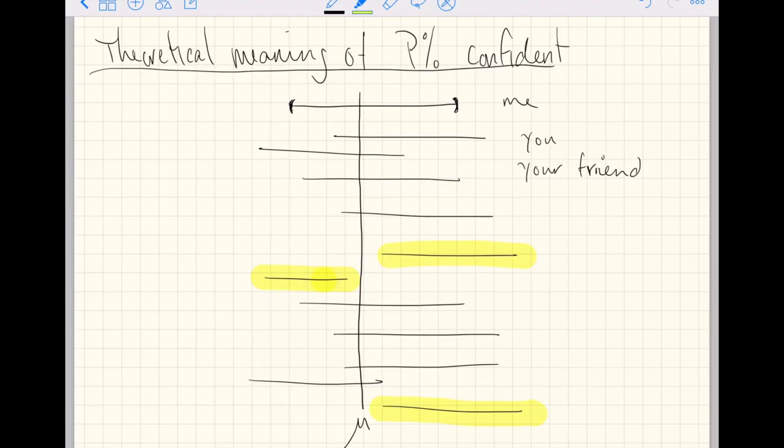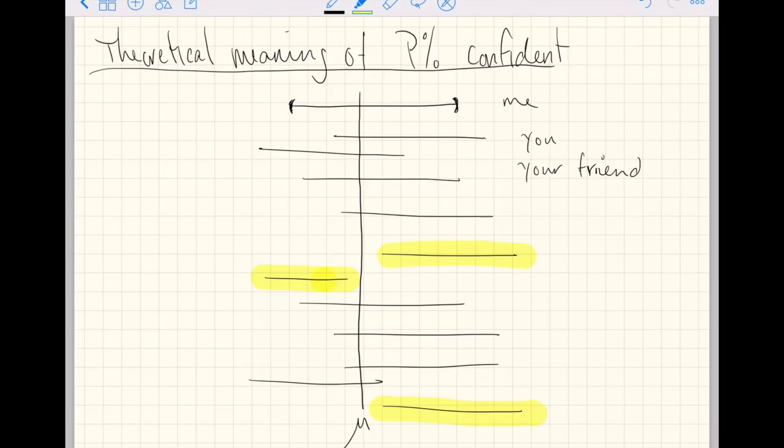The thing you've got to remember, though, is even if you are 80% confident, 20% of those confidence intervals won't capture the true mean. And even if you create 95% confidence intervals, 5% of those confidence intervals won't capture the true mean.